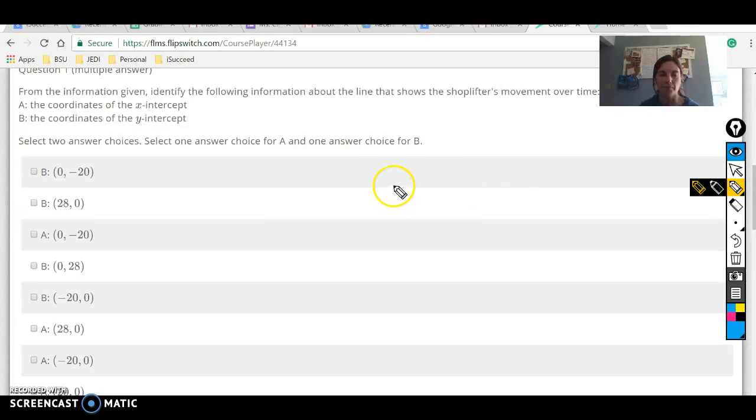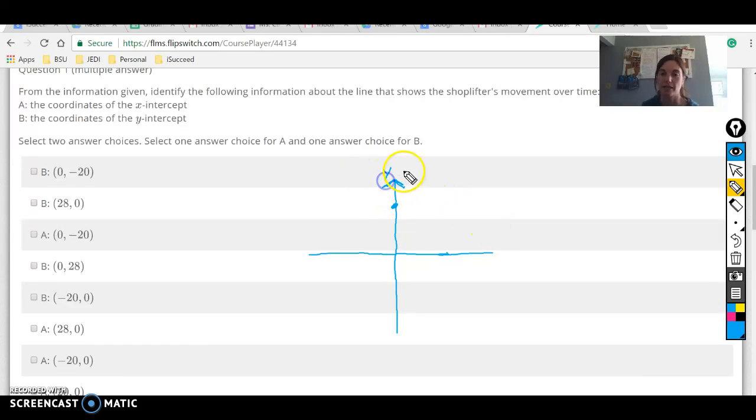We know that when Roberta gets the call, the shoplifter is 28 meters away, and this is our distance line.